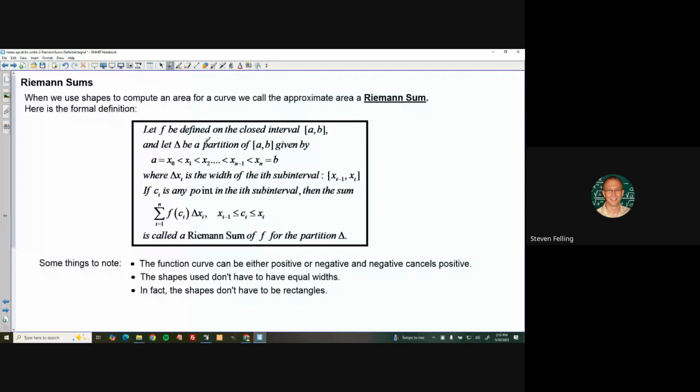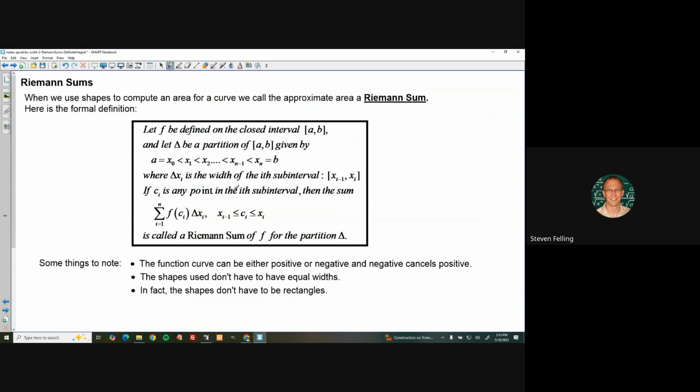When we use shapes to compute an area for a curve that we're finding approximately by filling that shape with an infinite number of these things, or a finite number of these things, we call that a Riemann sum, named after a mathematician. The formal definition is this: let f be defined on the closed interval from a to b, and let delta be a partition of a and b such that you divide that into a series of different x's that all go from a to b in order, where delta xi is the width of the ith subinterval.